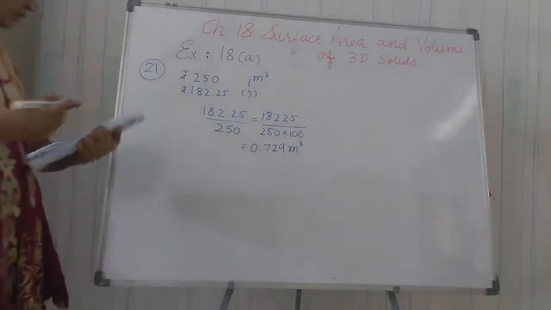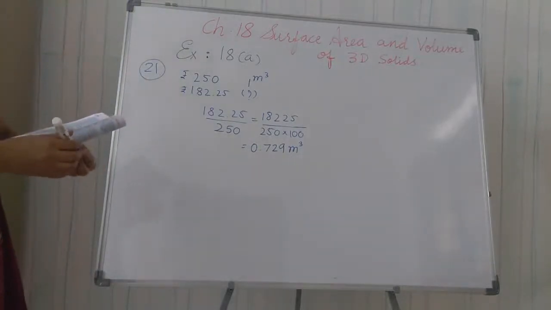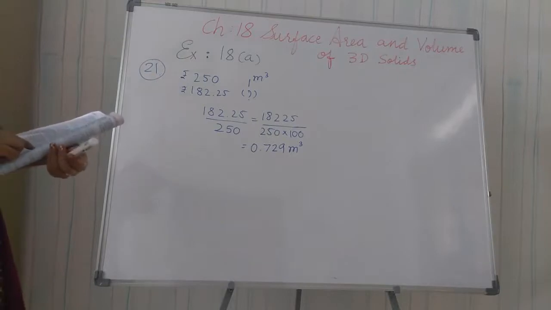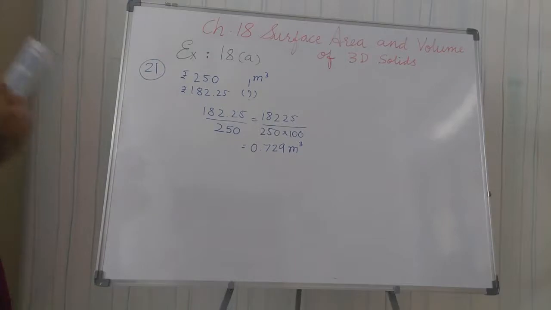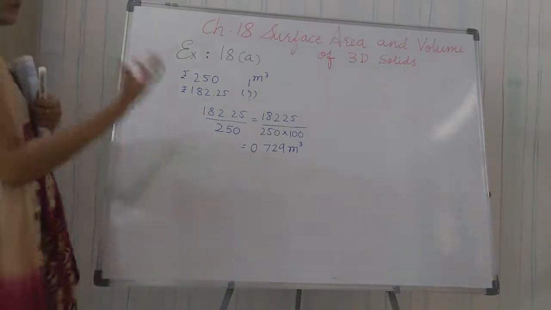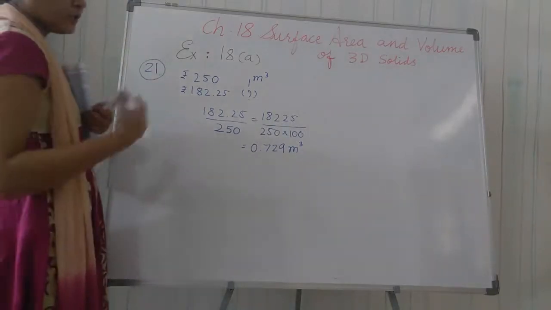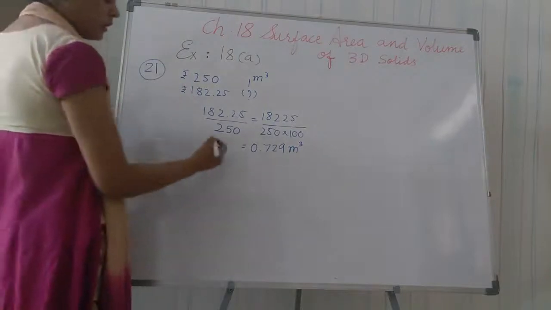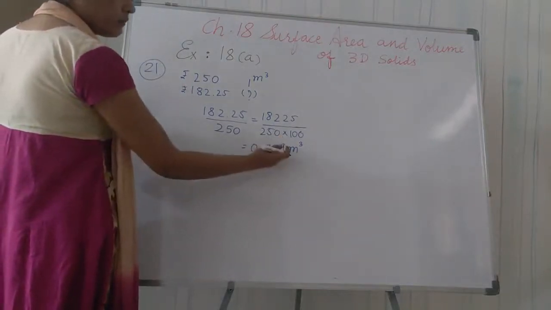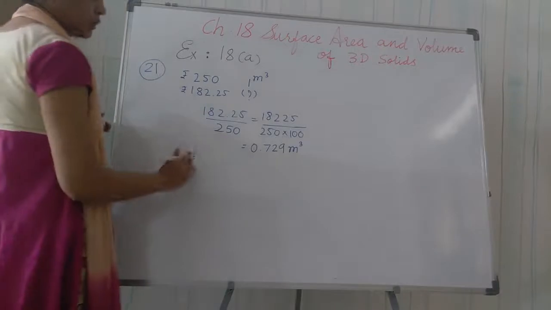Now you read the question further. It is given that, use the method of factors to find the length of one edge of the block. So this is the volume we found. Now we want to find the edge of this block. For that, students, let us convert this meter cube to centimeter cube first.